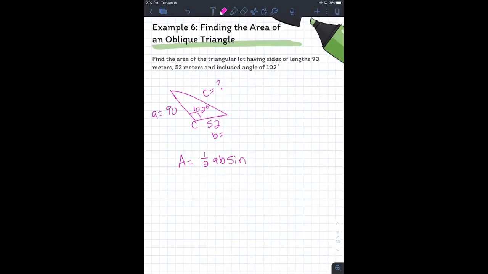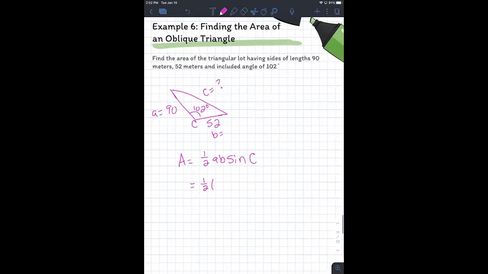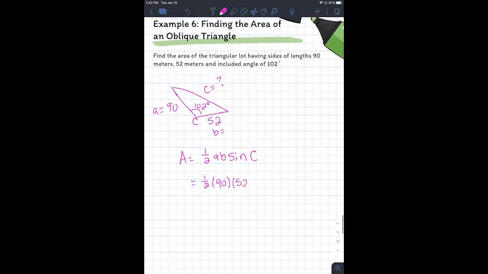So we're going to use the one in the middle, the one that says the area equals 1/2 AB times sine C. And you're just plugging in all of the values and you're going to put it into your calculator. So 1/2 times 90 times 52 times sine of 102. Go ahead and put that into a calculator and tell me in the chat what you get.